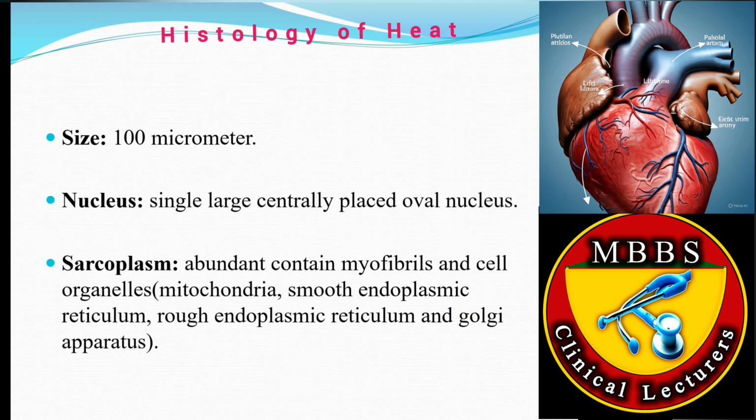Its size varies from about 100 micrometers. Nucleus: single large centrally placed oval nucleus. Sarcoplasm contains abundant microfibrils and cell organelles like mitochondria, smooth endoplasmic reticulum, rough endoplasmic reticulum, and Golgi apparatus.